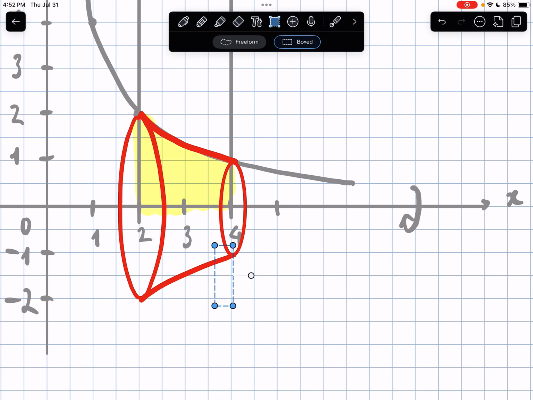So this is how our solid looks like as a whole.